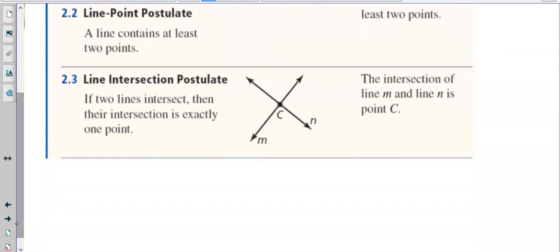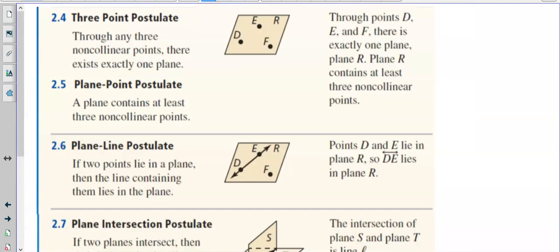If 2 lines intersect, they intersect at exactly 1 point and 1 point only. Again, these are just kind of common sense concepts. The 3-point postulates: through any 3, and it's very important here, non-collinear points, there's exactly 1 plane.